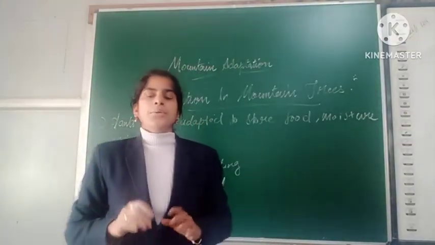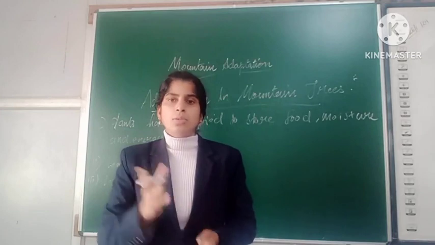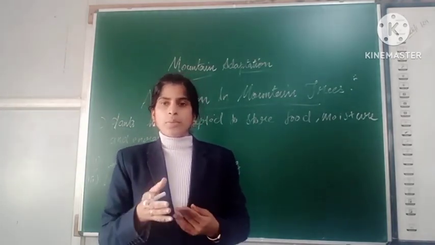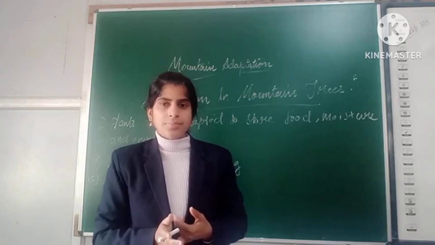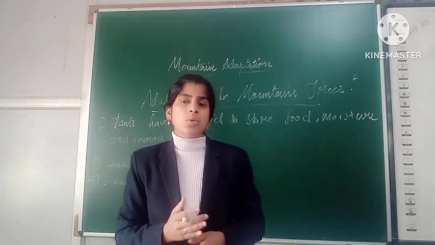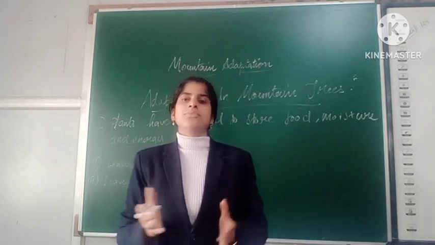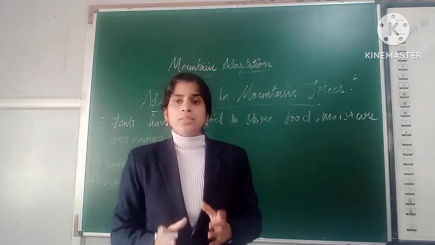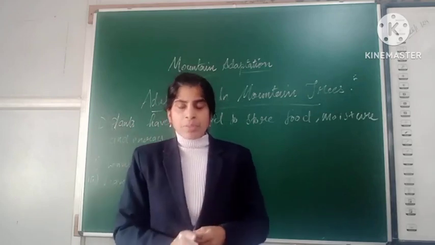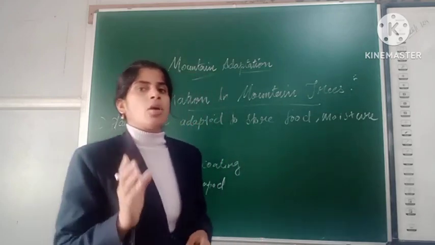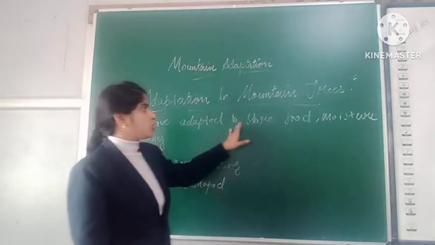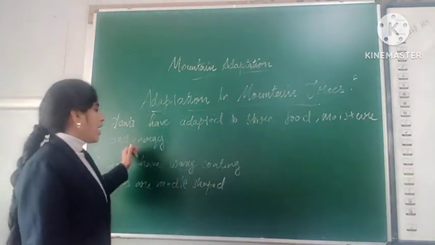So, what are the mountain plants? Pine is a common one, then fir, cedar, deodar, larix. These are some of the different trees we can see on the mountain. The first adaptation of mountain trees is that the plants have adapted to store food, moisture and energy.